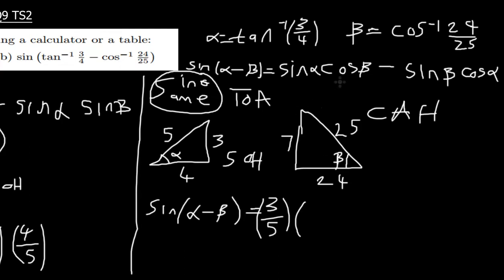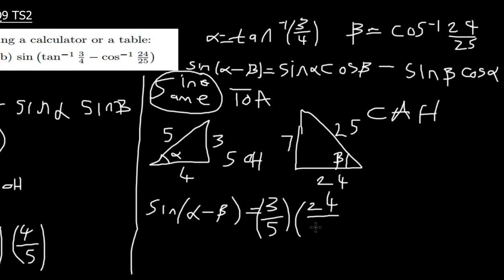I'll move on to my cos beta. I'll go where there's the angle beta, and cos beta means adjacent and hypotenuse. Then what is my adjacent? My adjacent is 24 over, what is my hypotenuse?